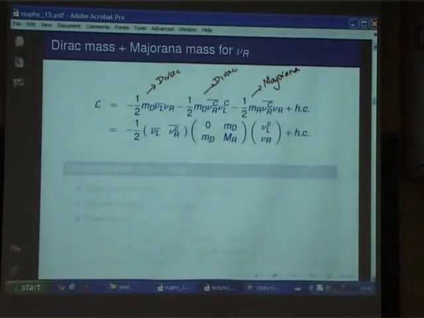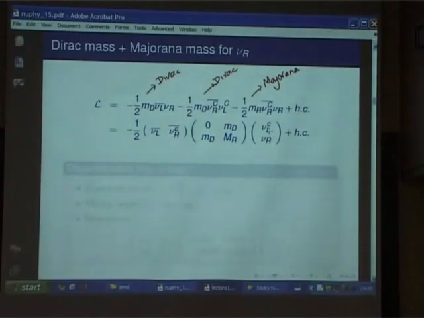It's a symmetric matrix. Both off-diagonal entries have to be equal because they came from the same term. This part here is MR, where capital M and small m are the same. So we have this matrix now, which tells you about the mass of mu L C and mu R. However, it's not a diagonal matrix, it's a mixed matrix.